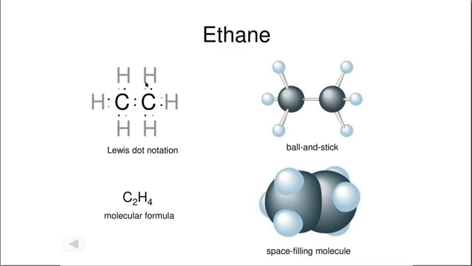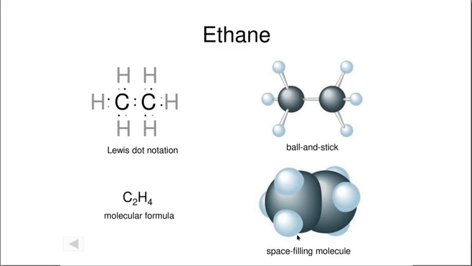So this is Lewis dot. This is what we call ball and stick, where every stick is a chemical bond, and if there's a double bond we usually draw 2 sticks. Here is its molecular formula if we were to write it down, C2H4. But if we had to write this as an empirical formula, it would be CH2.